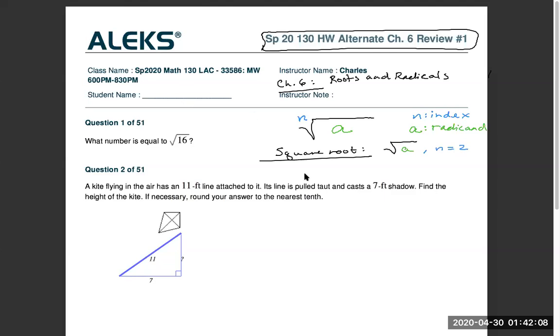There's also cube roots, and those are roots with 3 as the index, and your radicand. One more little detail: this bar here is actually called your root or radical sign.